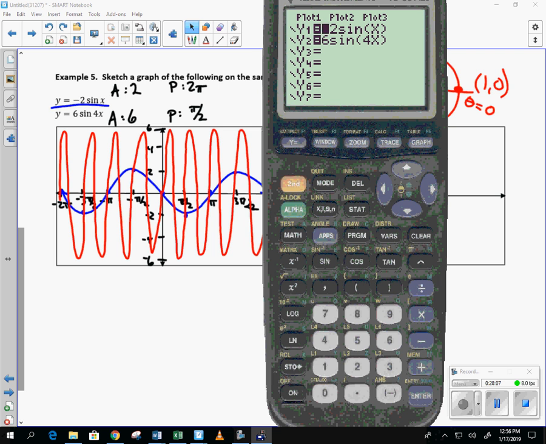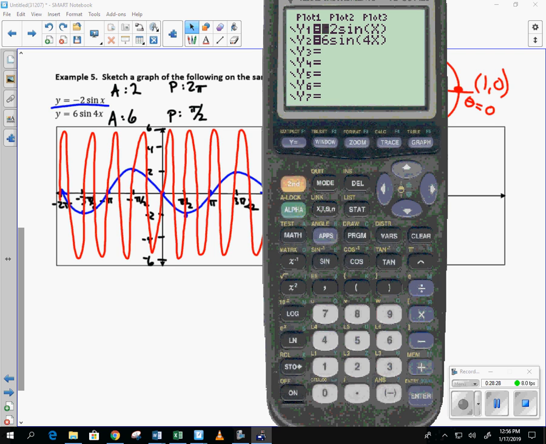Now, some people look at the graph and they say, well, that's just a bunch of garbage. There's no way that we're even close to the actual graph. And what I do is I take out my calculator and I put in negative 2 sine of x. I put in 6 sine of 4x.